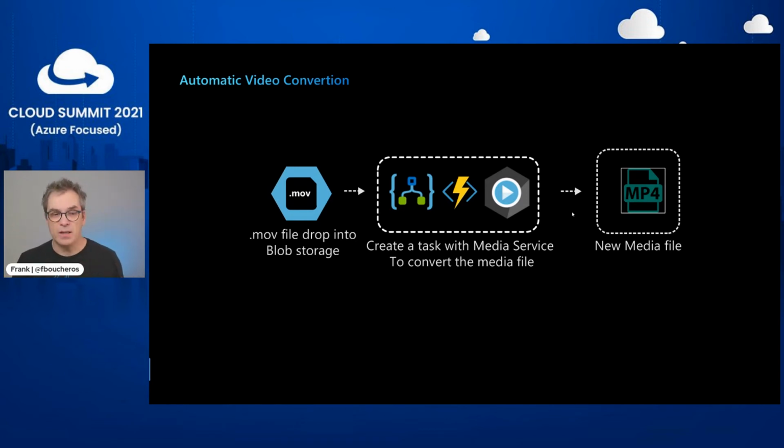So I said, you know what? Just upload it in a OneDrive that we have, or it could have been a SharePoint, anything that makes sense for the team. That will trigger a Logic App, and I use Azure Media Services to automatically convert those files.